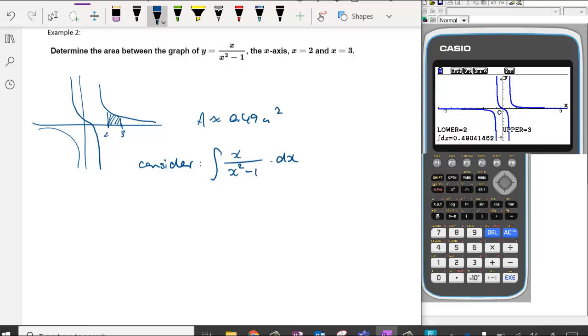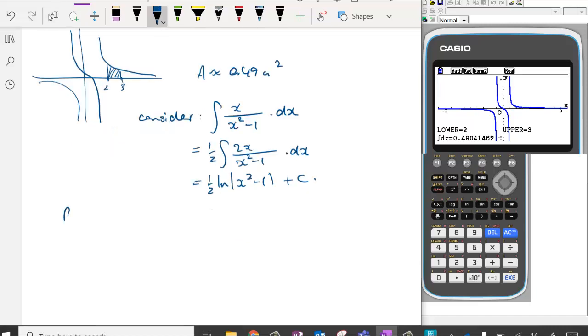Now we can treat this as a special quotient rule, or we could do a substitution. I'm going to go special quotient and say that I'm looking at this as 1/2 of 2x over x squared take 1. As the numerator is the derivative of the denominator, this is 1/2 ln x squared take 1.